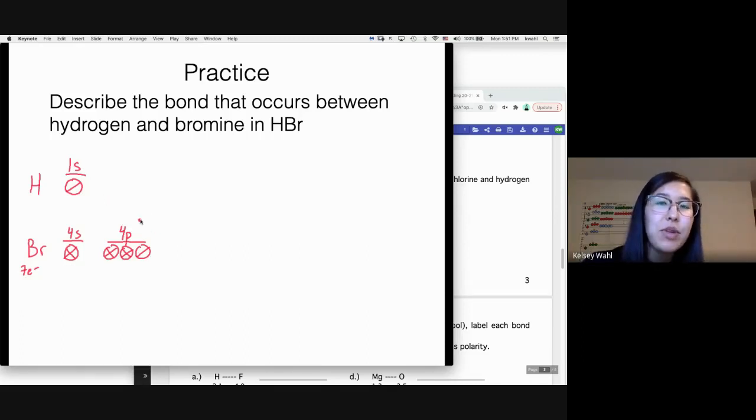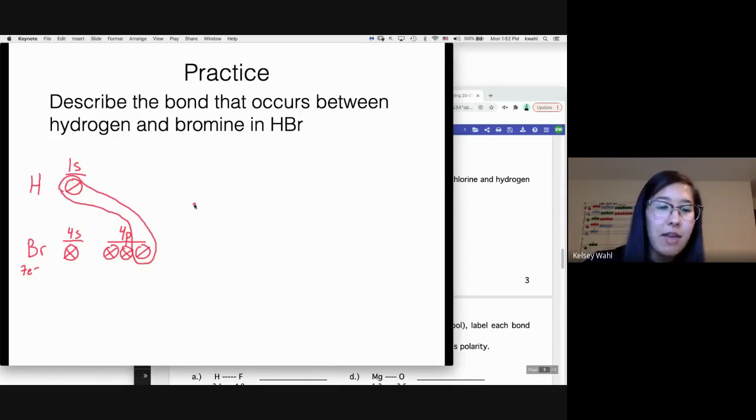Okay, so then what we want to look at is how H and Br could share electrons so that they are both happy. And we were taught to look for unpaired electrons. You see hydrogen has an unpaired electron, and you see bromine has an unpaired electron. So they're going to share that pair together.